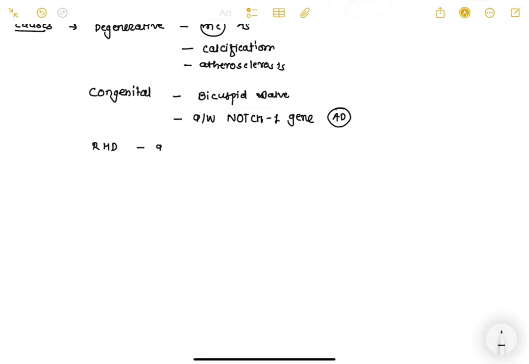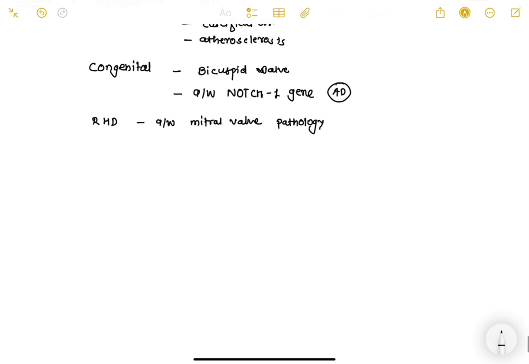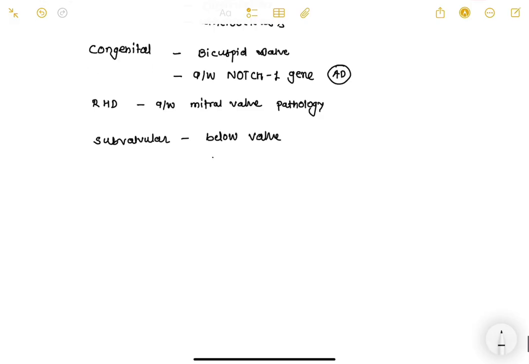It is mostly associated with mitral valve pathology. Next, there is subvalvular pathology, that is below the valve. There is a subaortic stenosis, that is the fibrous membrane.